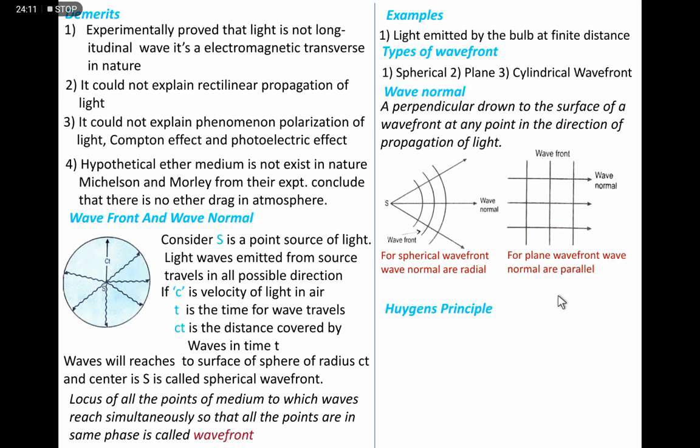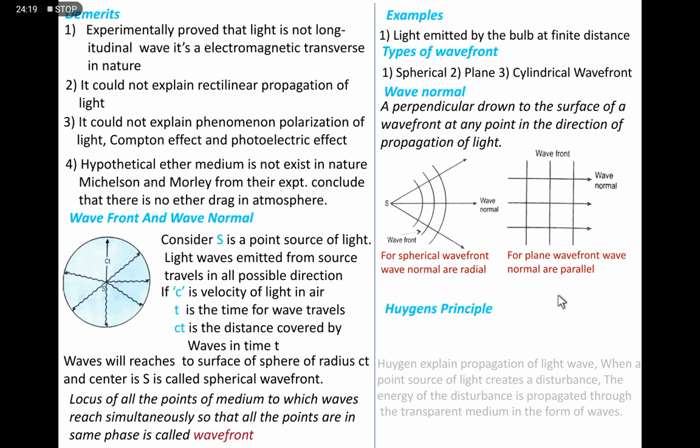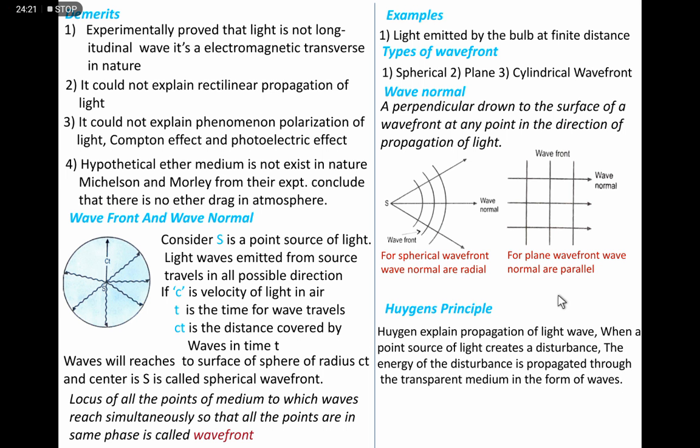Now, Huygens principle. Huygens is the scientist who predicted the wave theory of light, and he explains propagation of the light wave when a point source of light creates a disturbance, and this disturbance passes through the medium.